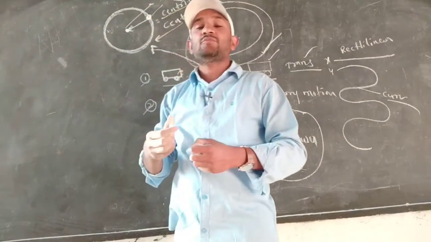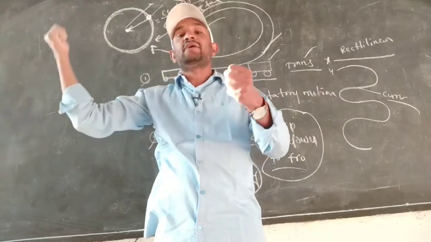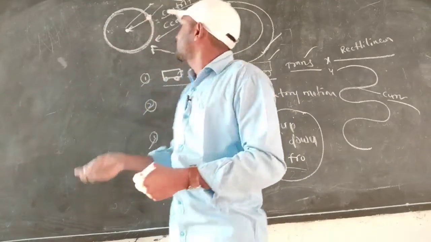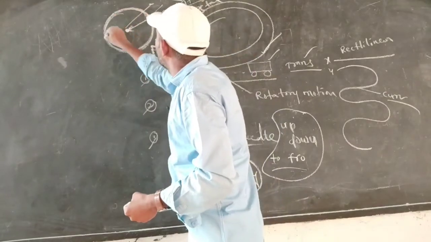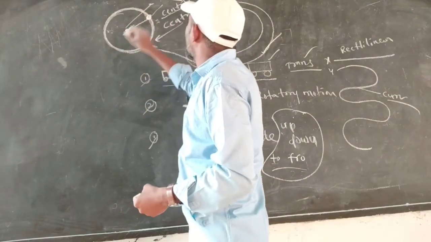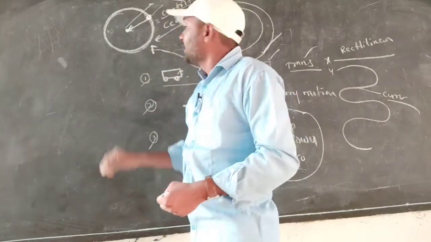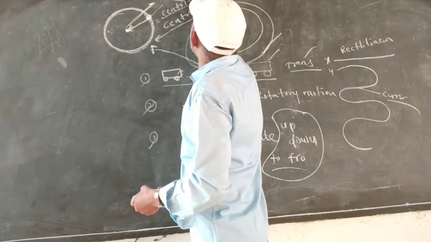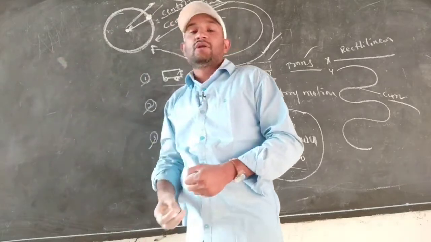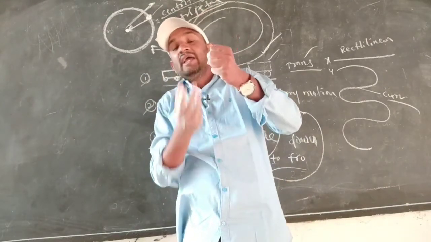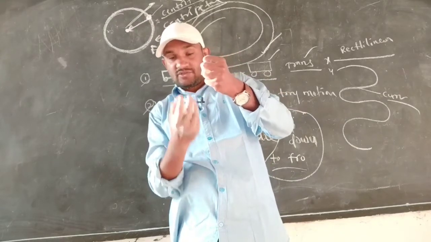That means lighter particles move away from the center. Here two types of forces are working. One towards the center is the centripetal force. Again one away from the center is the centrifugal force. Lighter particles will come up, and heavier particles will settle down.